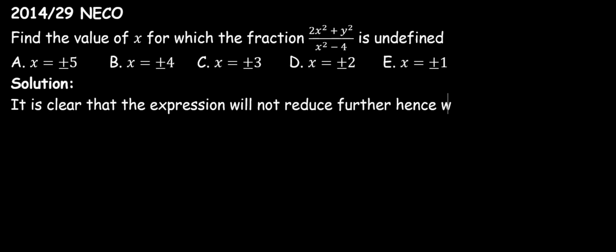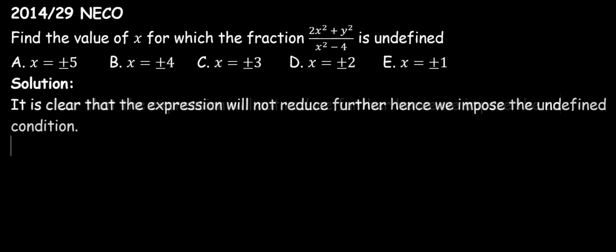Hence, we impose the undefined condition, which says that for any fractional expression to be undefined, the denominator must be equal to 0. That is to say, x squared minus 4 will be equal to 0. That is to say, x squared is equal to 4. And from here, x will be equal to plus or minus square root of 4. And that will give us x equals plus or minus 2.